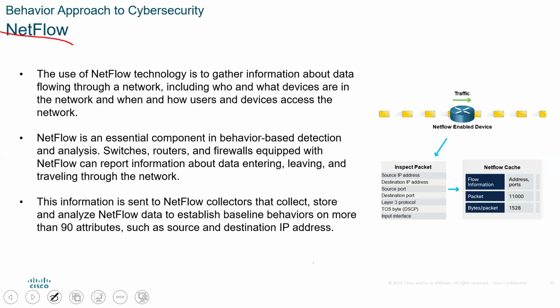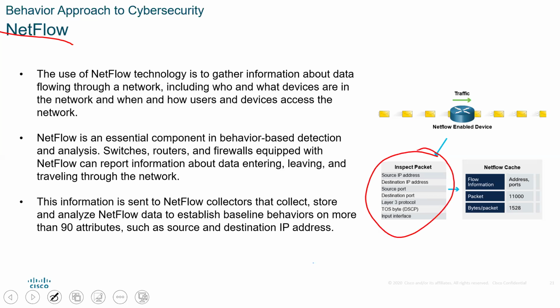Then there's another tool called NetFlow. NetFlow technology is used to gather information about data flowing through the network, including who and what devices are on the network, and when and how users and devices access the network. Okay, so what does it inspect?